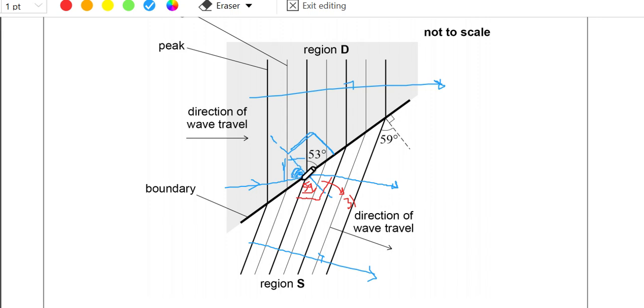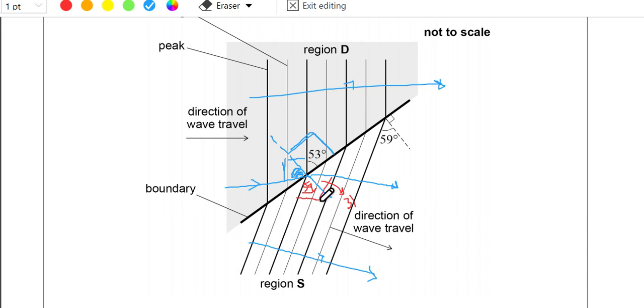For the refraction direction here, we have a 90-degree angle with the wave front, and again we have a 90-degree angle between the direction of refraction here or here, any direction that is parallel, as a perpendicular has a 90-degree angle with the wave front.